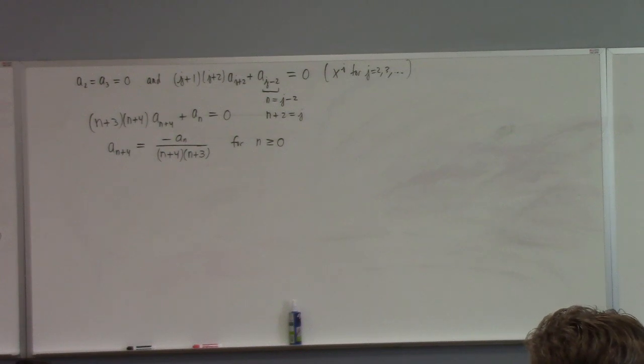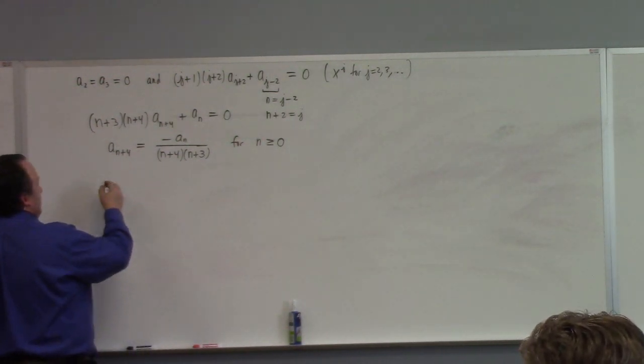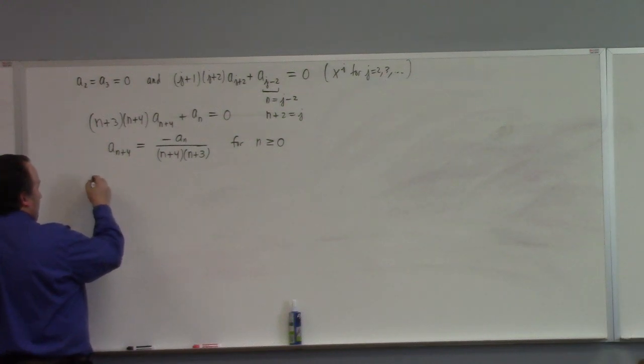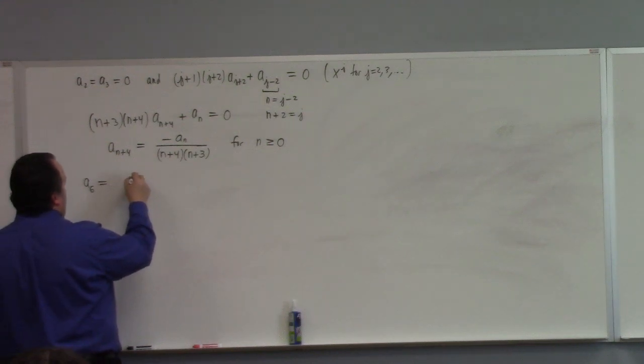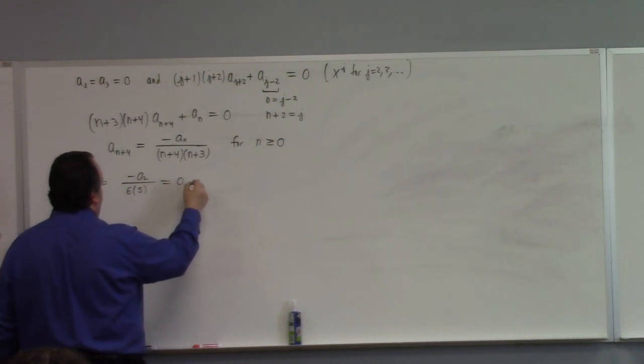So what this says is that my solution has some kind of interlinking every 4, right? And then past this point, you just have to kind of work it out. So I'll start on that. If we look at a sub 6, it's equal to what? Minus a2 over 6 times 5, which is 0.